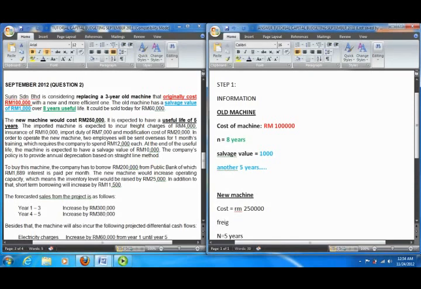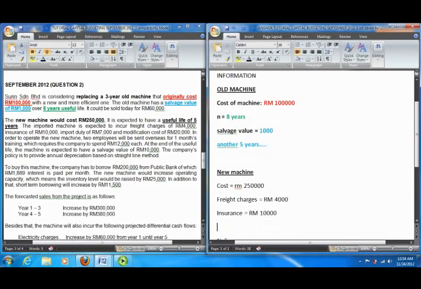So, first is freight charges, RM 4,000. Next, insurance, RM 10,000. Import duty, RM 7,000.